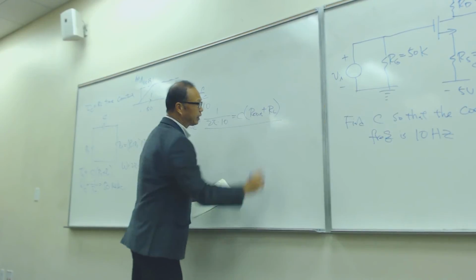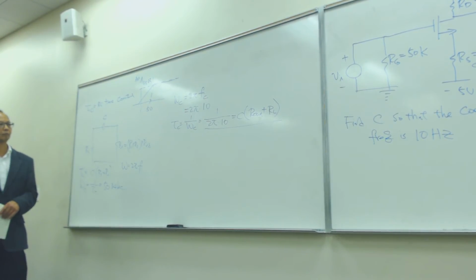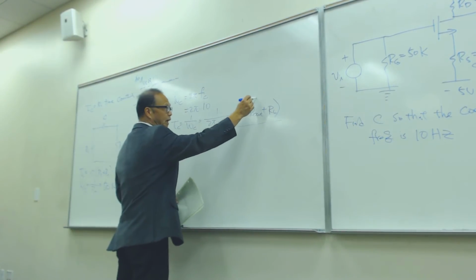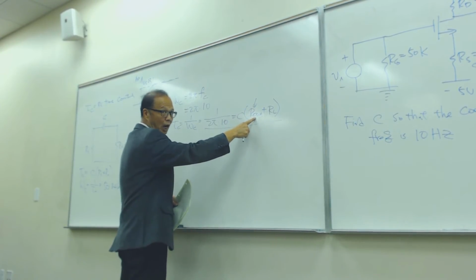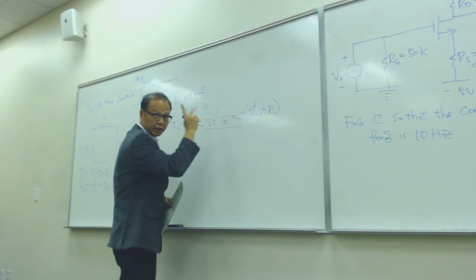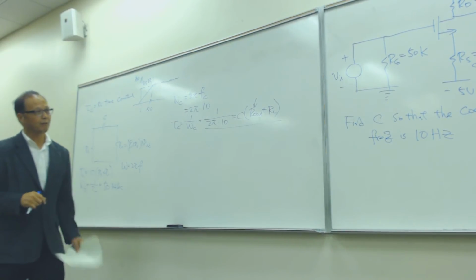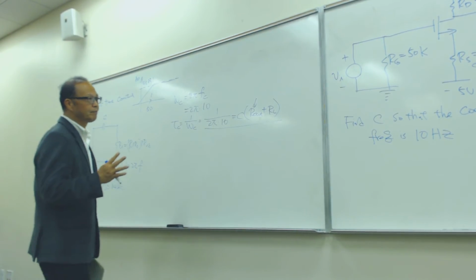So that is the equation. R L is known, but R out we do not know. As soon as I can find the value of R out, I can calculate C. So how do you find R out?